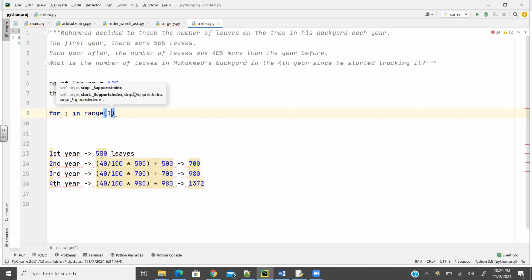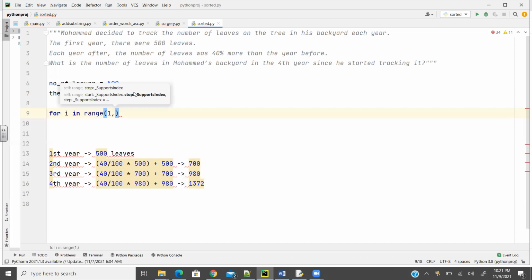I'm going to start from 1. From the 1st year, instead of starting from the default 0, because of course there's not like 0 year, it's from the 1st year, year 1. And I need to go from 1 to 4. So year 1, year 2, year 3, year 4.